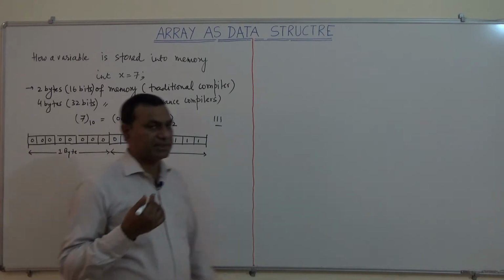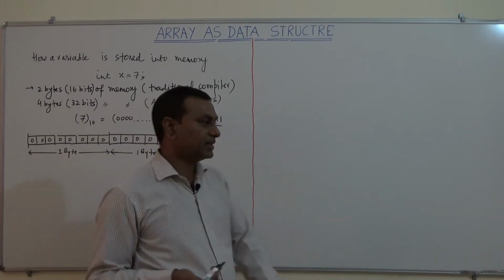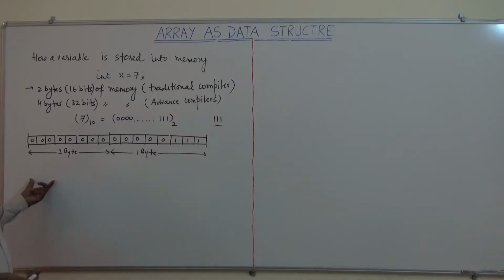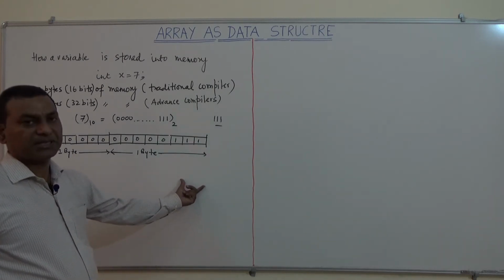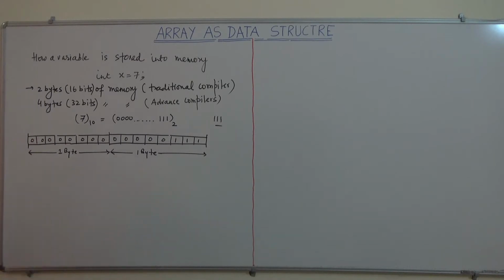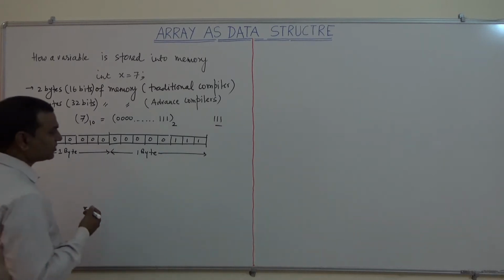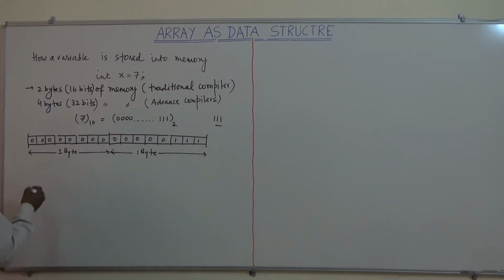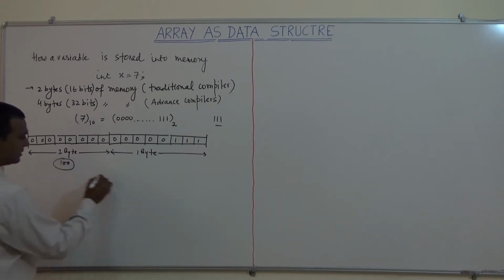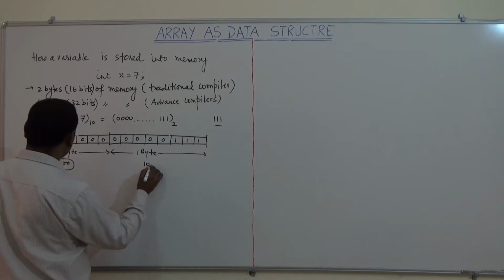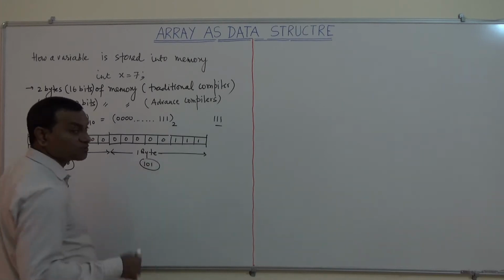If it is taking 4 bytes, then we will take 4 bytes here, like 1 byte, 1 byte, 1 byte, and 1 byte. And because it is stored in contiguous memory allocation, the address may be like, suppose this is 100 and this will be 101, and so on.